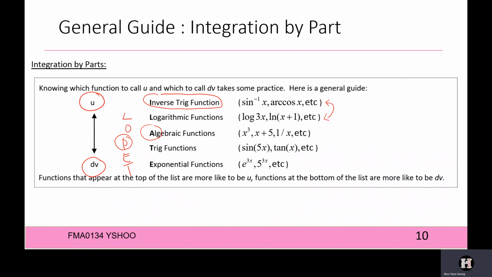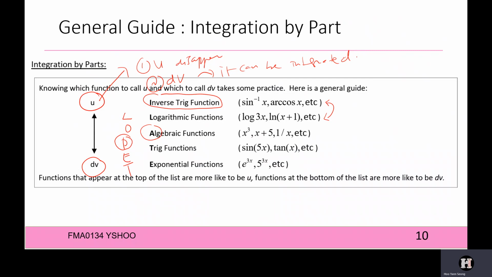If possible, we want our u to disappear, so that one of the functions will go away. That is the first thing. The second thing is, when you choose the candidate dv, you need to make sure it can be integrated.